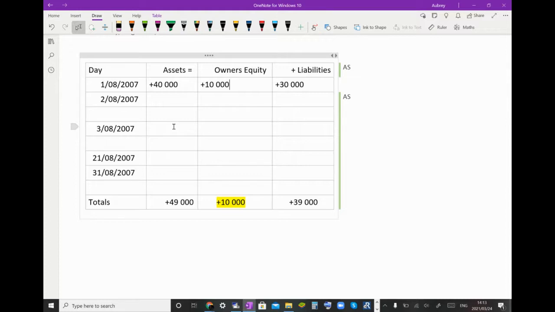This 50,000 came out of my bank account. What is bank? It's an asset. So in assets we also have a negative 50,000. It's all about how the transaction affects the category. We have less money, so less assets.